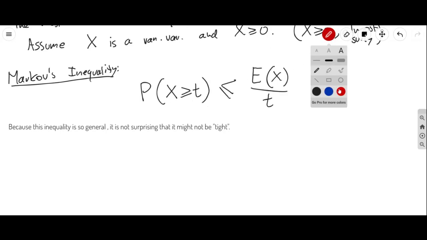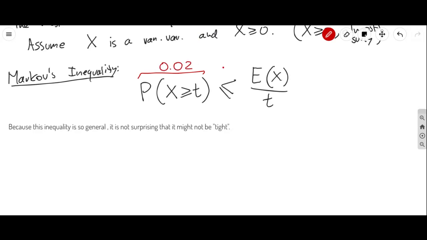So allow me to illustrate. It could happen, for example, that for a specific calculation, the probability of this is 0.02, but when you use Markov's inequality, you're getting 0.85. Or it might even happen, in a funny case, that if the expectation is 100 and t is like 50, then this side is bigger than 1, in which case you're not really getting any information because you already know that this is bounded by 1.